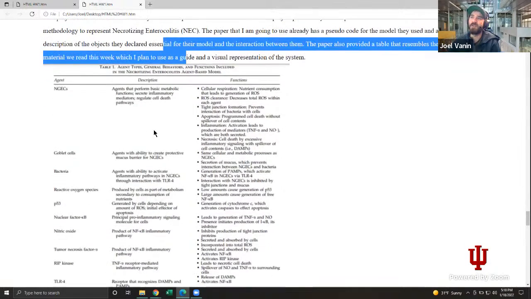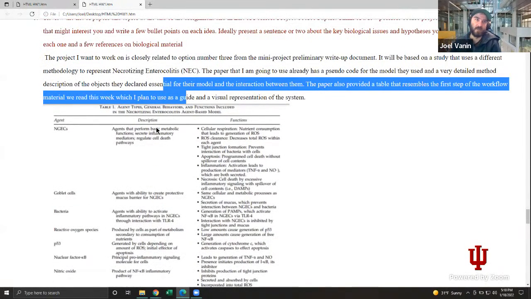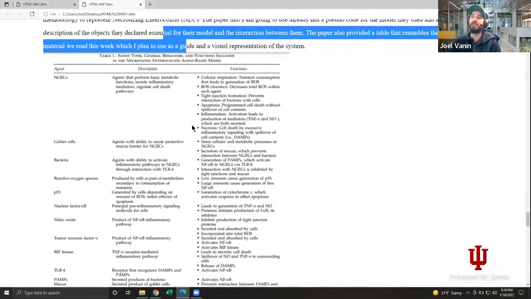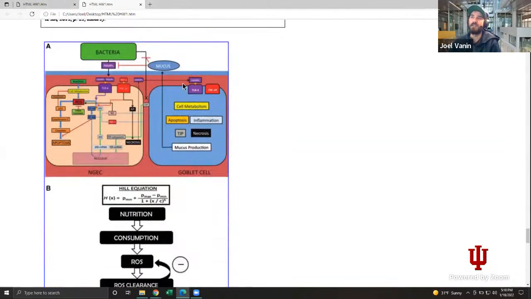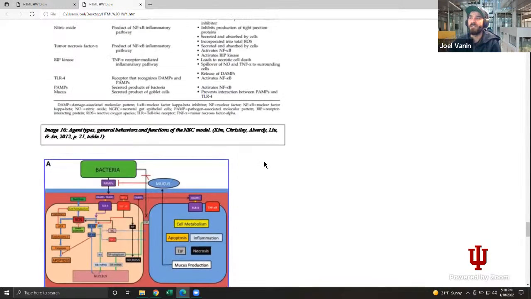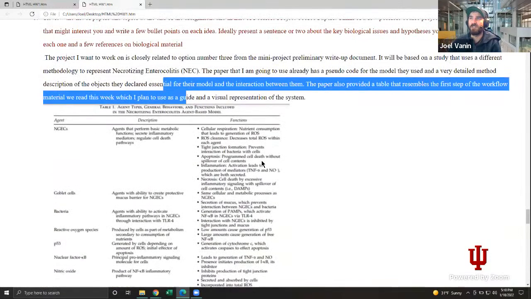But this paper is an already done model by a different team, and the idea is to represent the same model but using CC3D. It's a very common disease, especially: 25% of all premature babies end up contracting this disease.